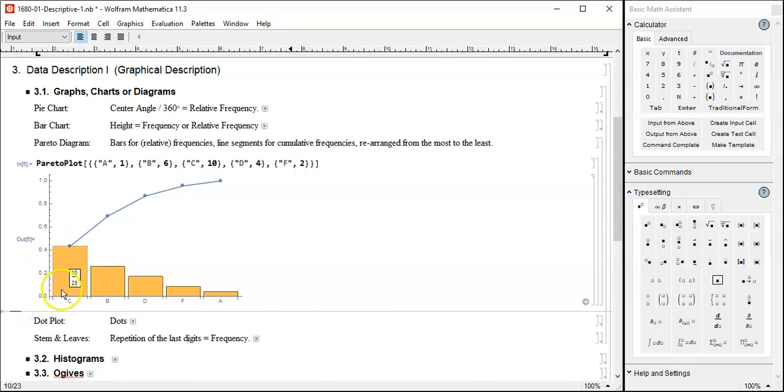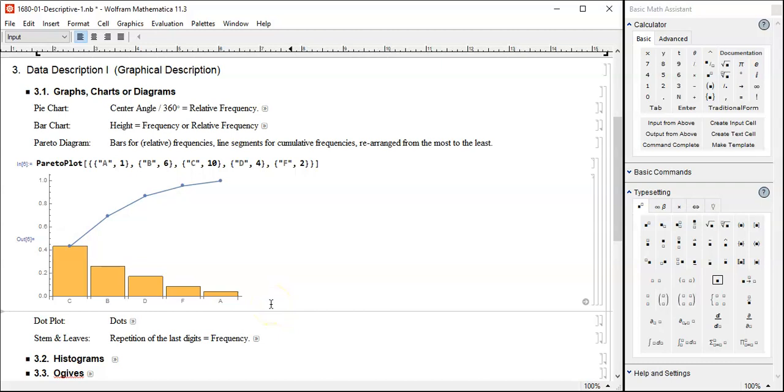The most populous one first, then the next, and then the next. So all these bars go down. Okay? So if you have nominal variable, then changing the order is perfectly fine.